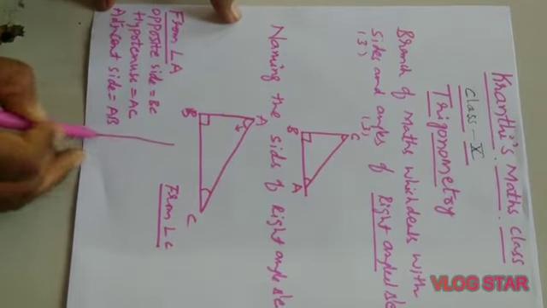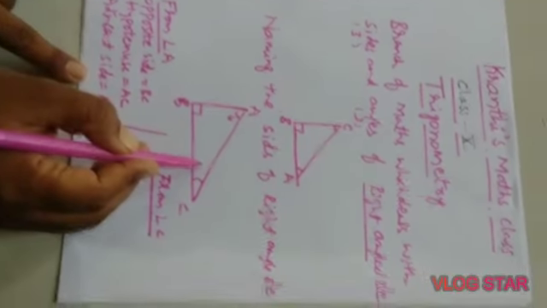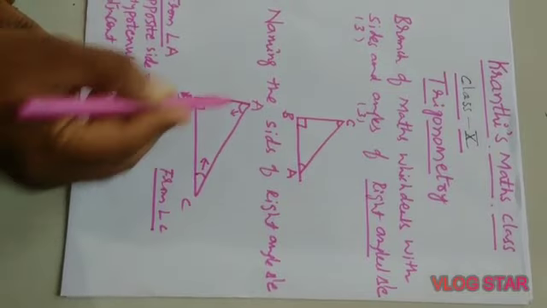In the same way, from angle C we can name the three sides. The opposite side of angle C is AB.